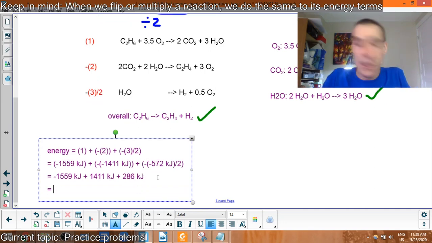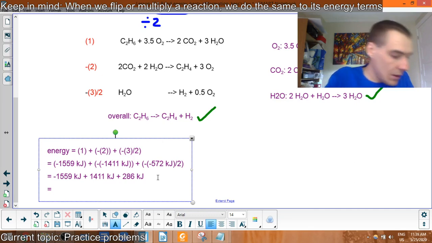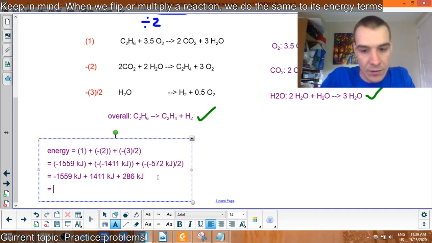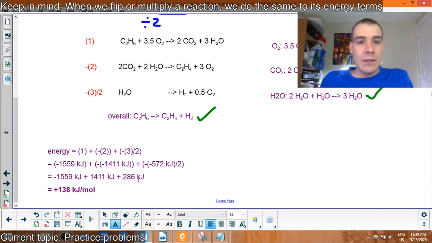Then we get our answer: minus 1559 plus 1411 plus 286 is 138, so plus 138 kilojoules per mole is our final energy.